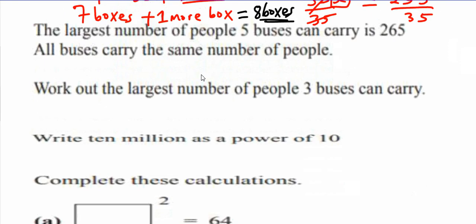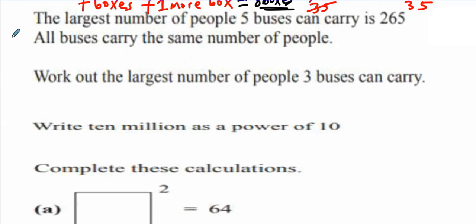Okay. Another question: the largest number of people 5 buses can carry is 265. All buses carry the same number of people. Work out the largest number of people 3 buses can carry.